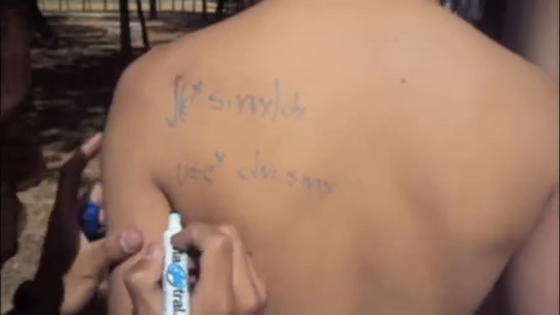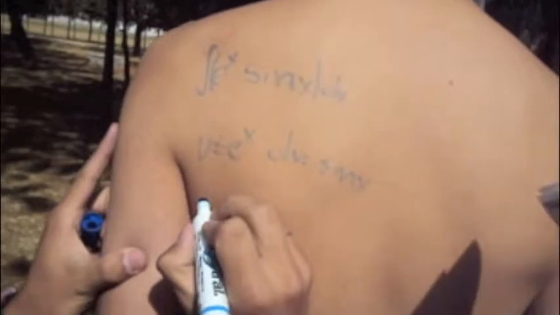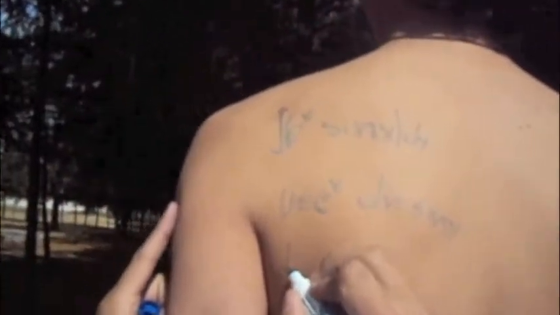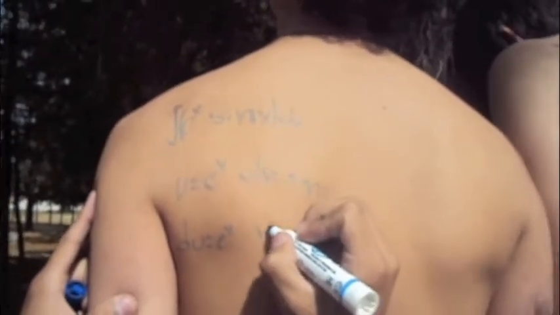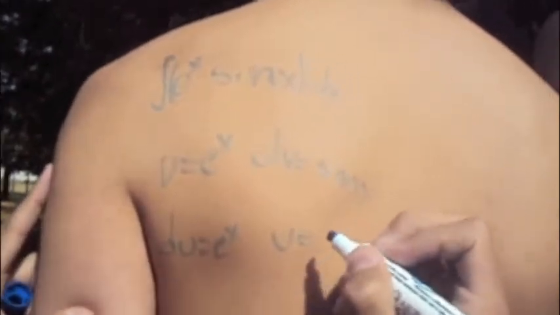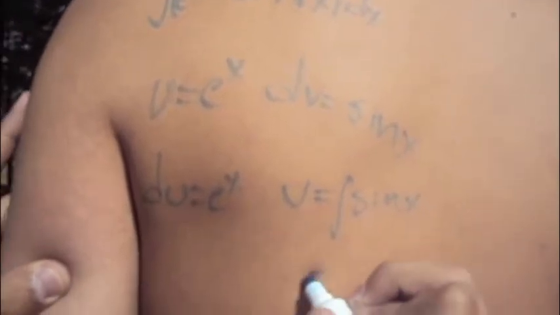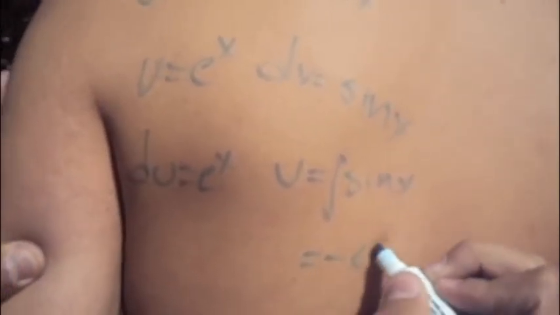Now we have to find the derivative of e to the x, that is e to the x, and we need to find the integral of sine of x, which is minus cosine of x.